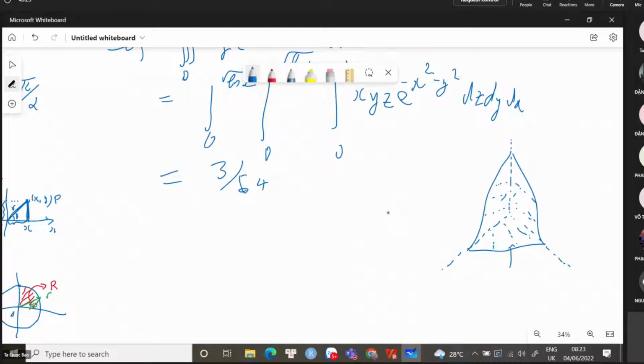All right. So here this is x, y, z. This plane is 2x plus 3y plus 6z equals 12.